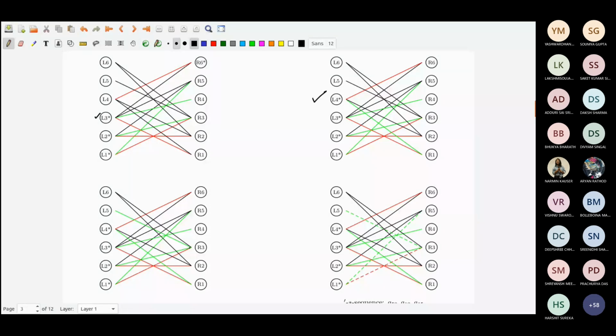Now what has happened, I am looking at a situation where the left hand vertex is not involved in a matching. So this is a free vertex. Remember, this is the beginning of my augmenting path. This is an unmatched vertex. Okay, so I find this one.